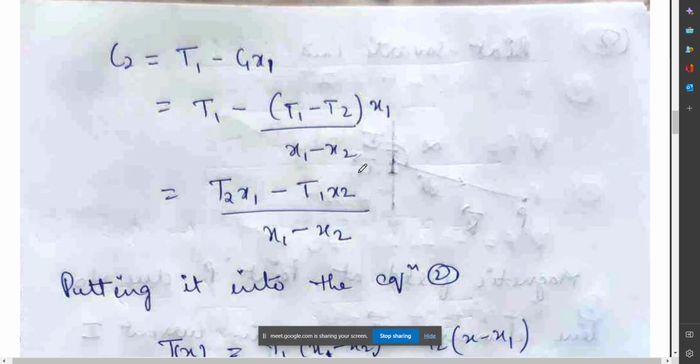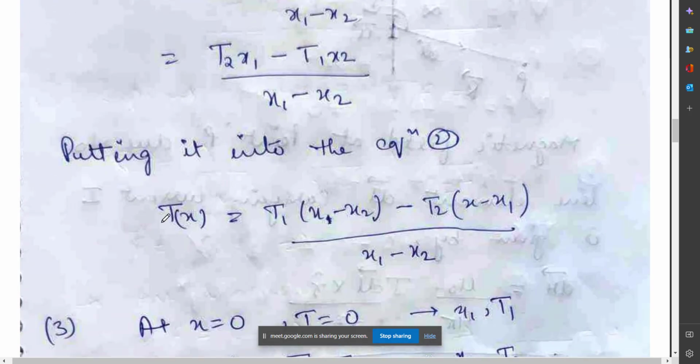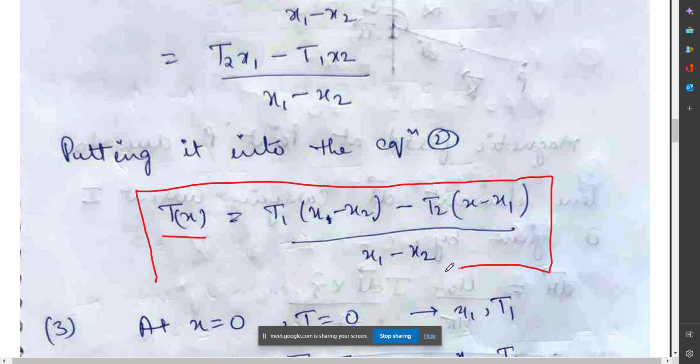Now putting all of this into the function, T(x) is equal to T1 (x minus x2) minus T2 (x minus x1) upon (x1 minus x2). So this will be your answer.